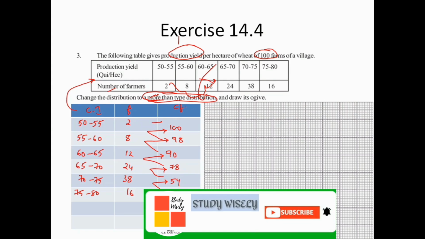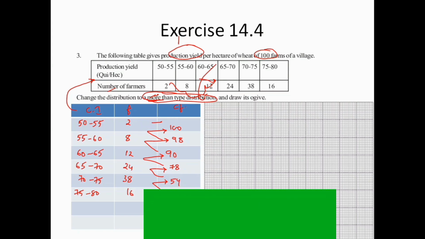If you remember this one directly. Here, as it is the more than type, for the points you need to take the lower limit, that is, comma 100 is your coordinate. Here it is 55 comma 98.